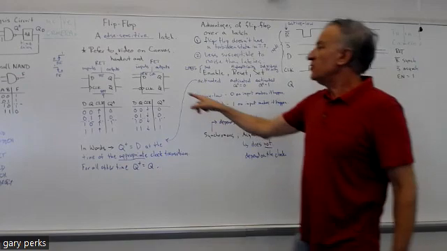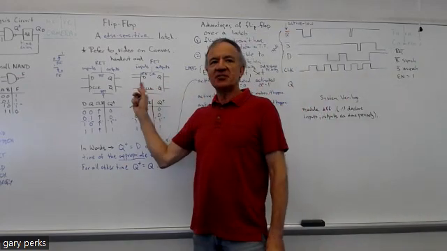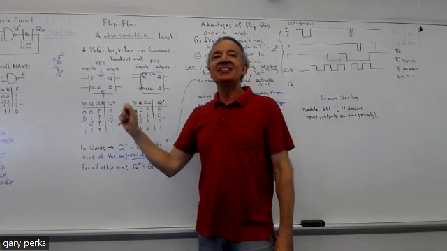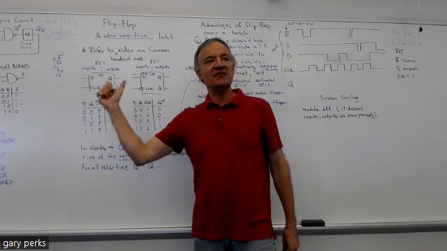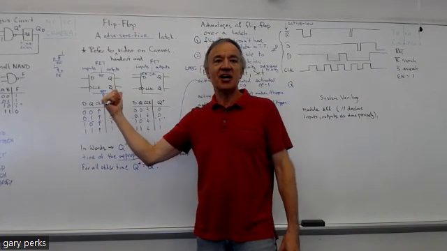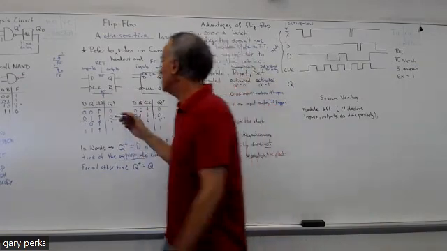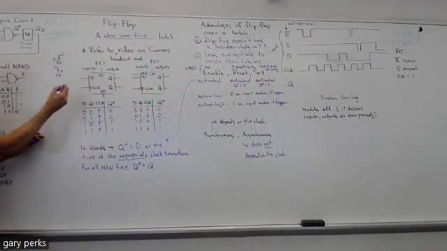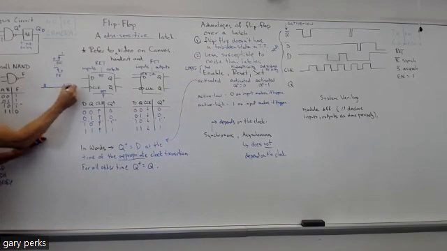Now, even though these inputs to the flip-flops are labeled clock, that doesn't mean that the square wave you attach to those clock inputs has to be periodic. Often they are, but you could have a square wave signal attached to your clock input that's aperiodic. It could be low, then go high for a short amount of time, then go low for a really long amount of time, then go high for a different amount of time.